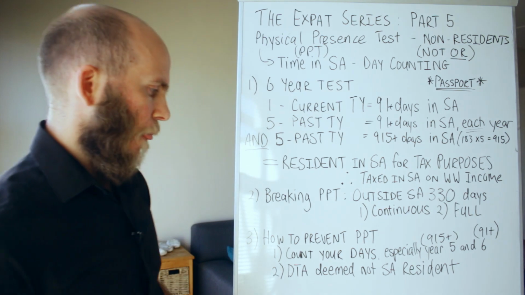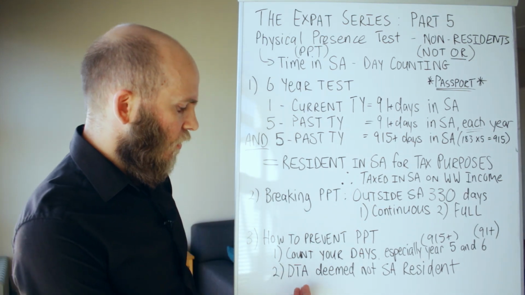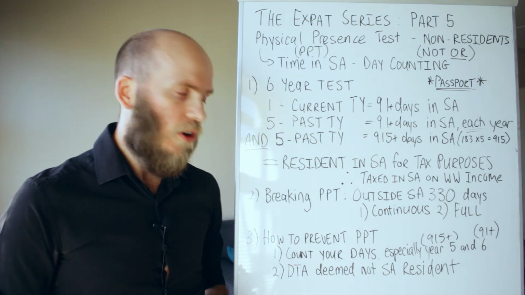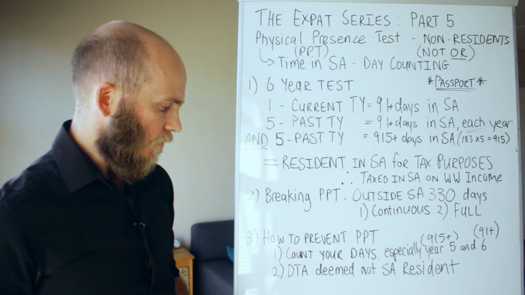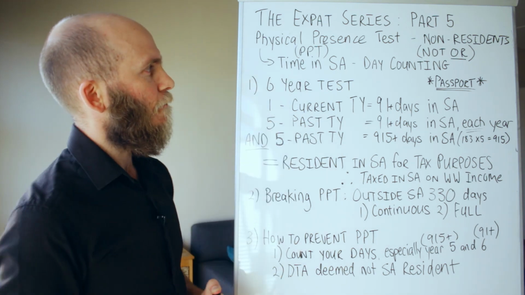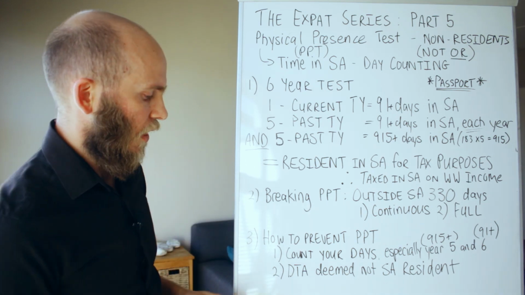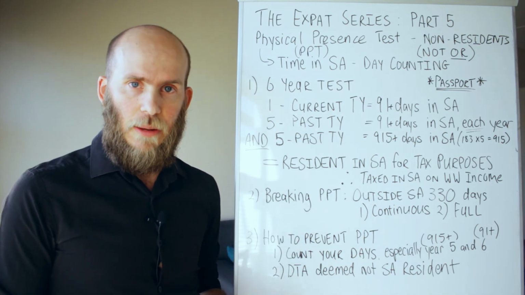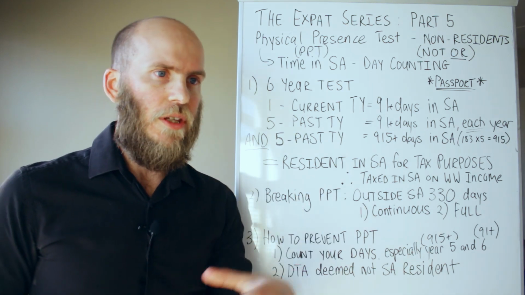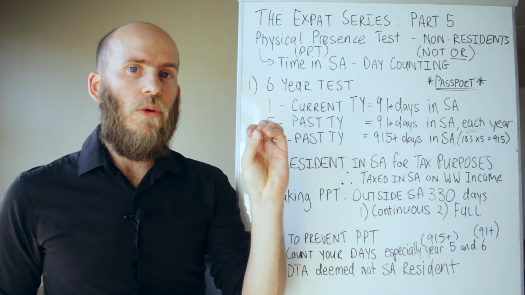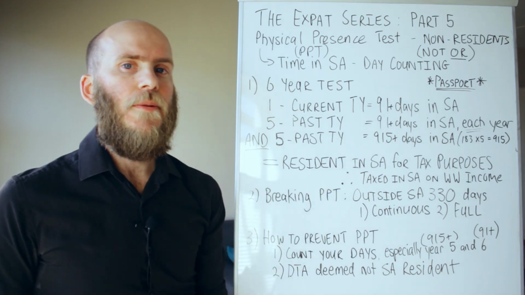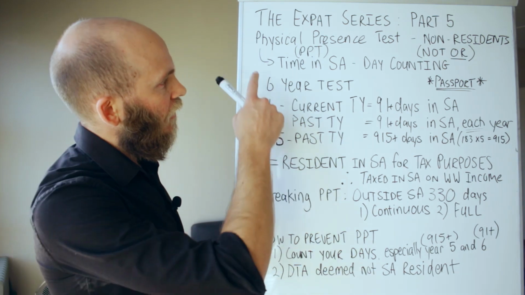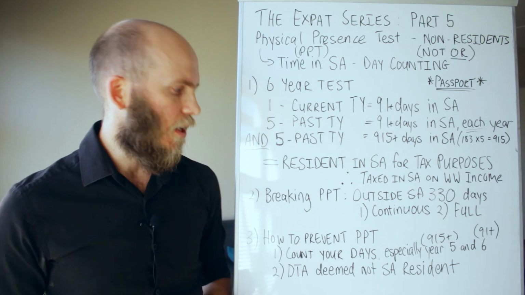And number 2, this is really important. If you can get your DTA to deem you not a South African resident, then that is also a way that the physical presence test doesn't even apply to you. So if you have a double taxation agreement, say for example with the US, and you are deemed a tax resident of the US according to the DTA, then you don't do the physical presence test.